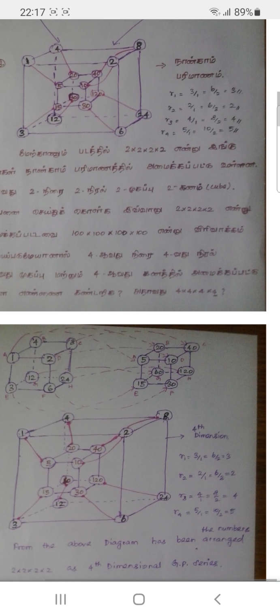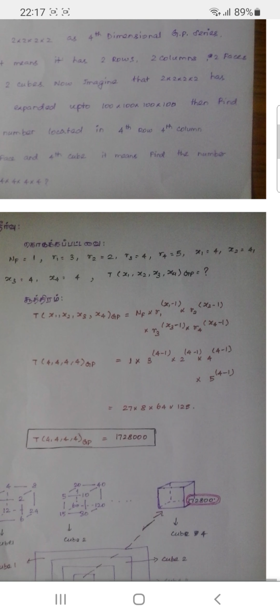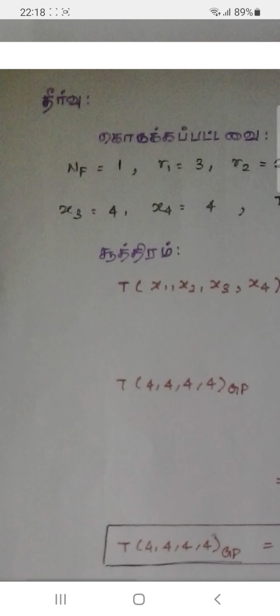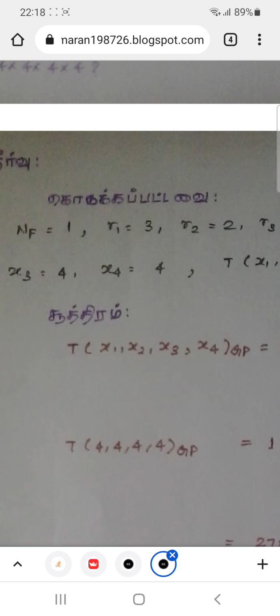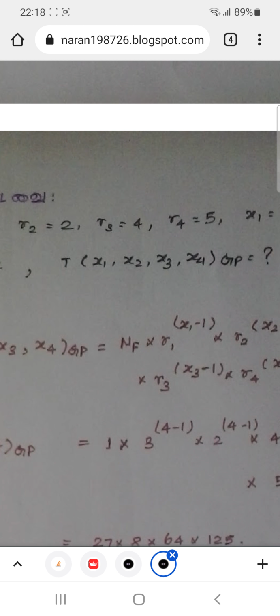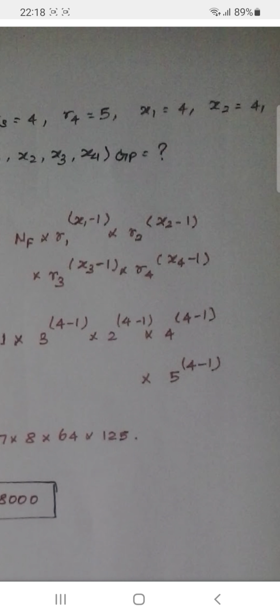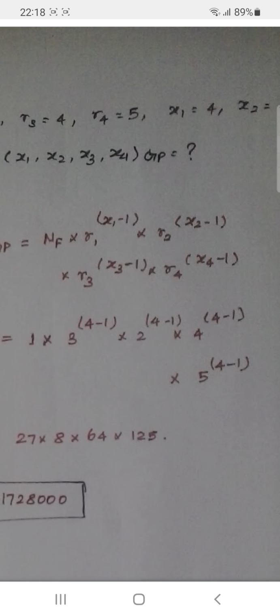What I am trying to achieve is the value at the fourth row, fourth column, fourth phase, and fourth cube. Here the starting number is 1, the ratios are already represented, and we already talked about x1, x2, x3, x4.